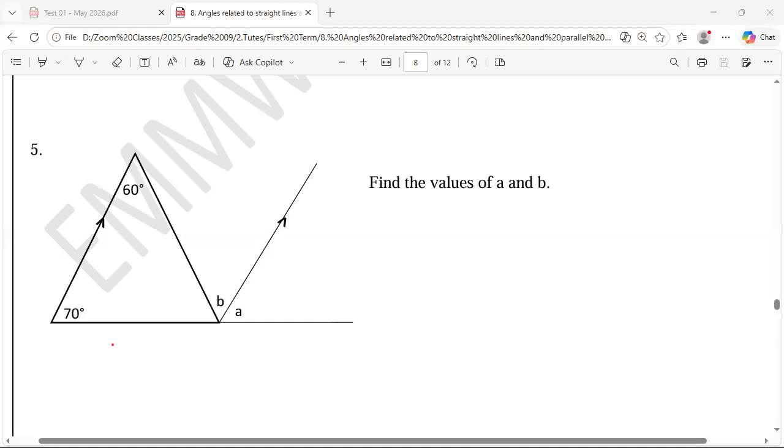You just have to identify what are the Z type of angles in between parallel lines, and what are the F type of angles. You need to calibrate your mind. You need to calibrate your eyes. Okay, the time is enough. I will do this on the board so that you will be able to identify what you got wrong there.